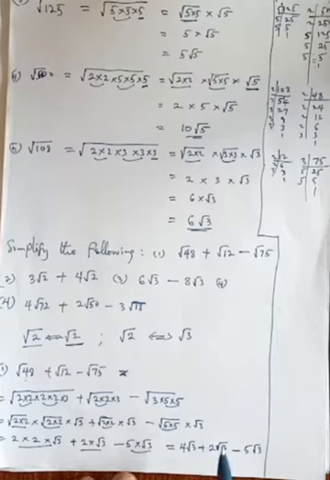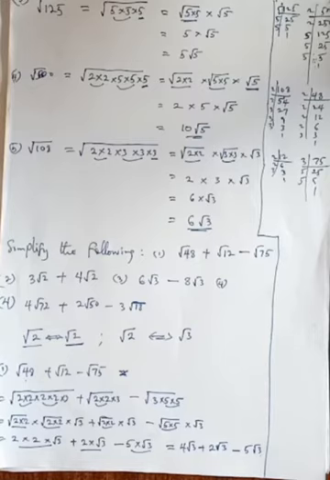But when we observe this one, we can see that the surd which we have here is root 3, the surd we have here is root 3, the surd we have here is root 3. So in the first case, second case, and third case, this is a case of similar surds. So once the surds are similar, then we can progress to adding and subtracting.